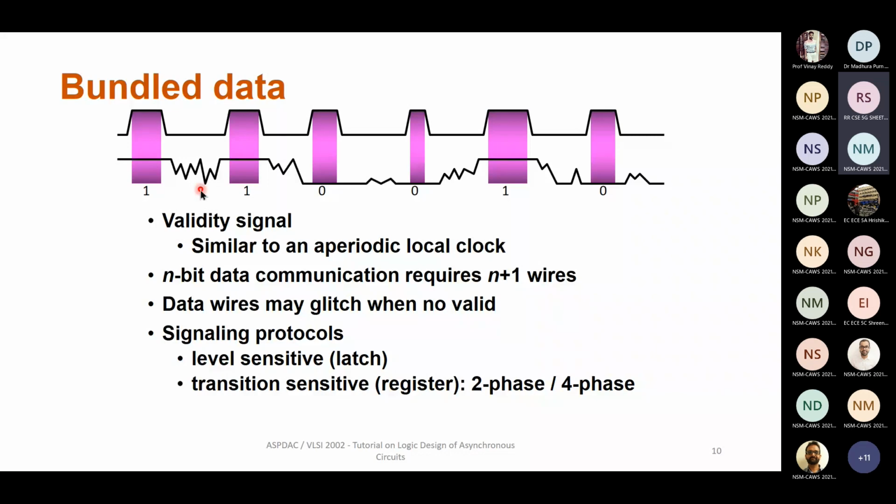It basically means I have to take the combinational logic and study how much time it is going to take to complete the computation, what is the worst case delay, and then generate the valid signal accordingly. The benefit is that I need not generate the valid signals at equally spaced durations.